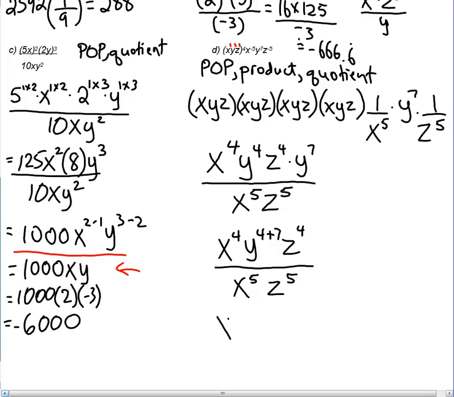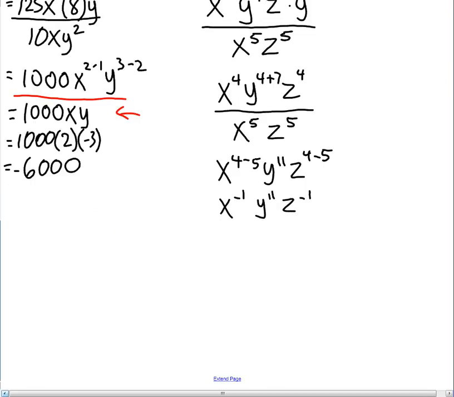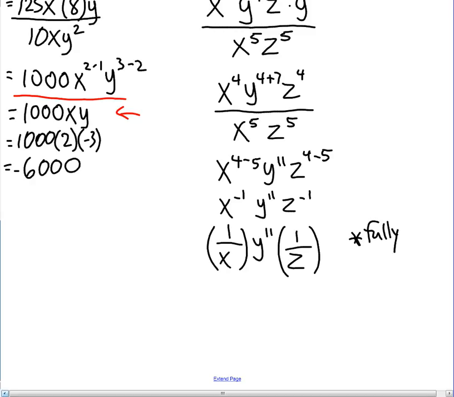So that's going to be x to the 4 subtract 5, y to the 11th, z to the 4 subtract 5, which produces x to the -1, y to the 11th, z to the -1. As we keep going with this, by applying these exponent laws, we end up with the reciprocal of x multiplied by y to the 11th multiplied by the reciprocal of z. So now it's fully simplified. Okay, so fully simplified means positive exponents only.